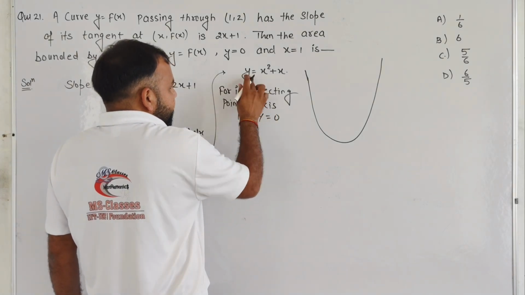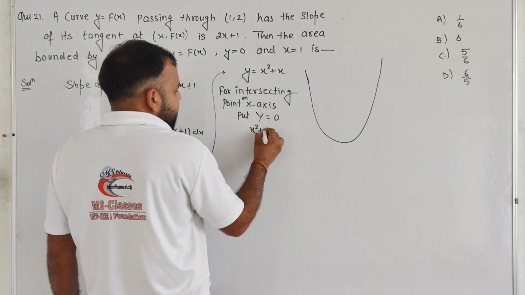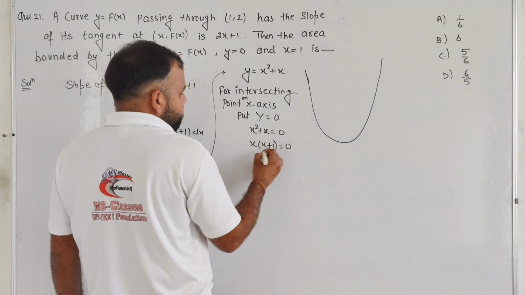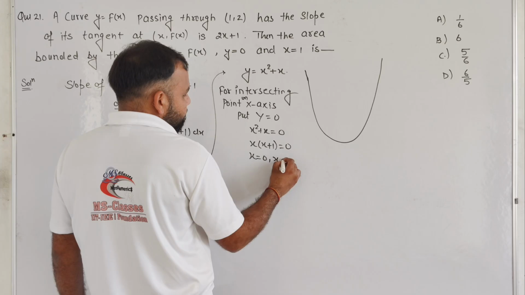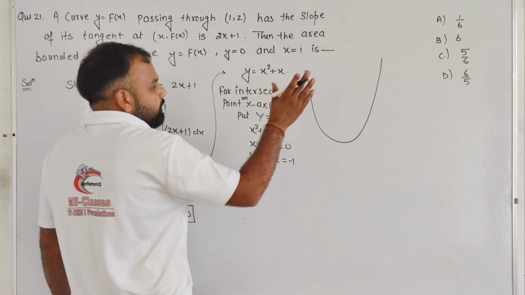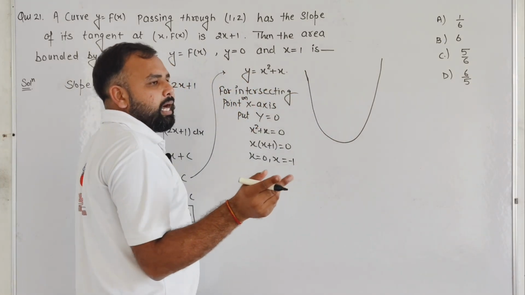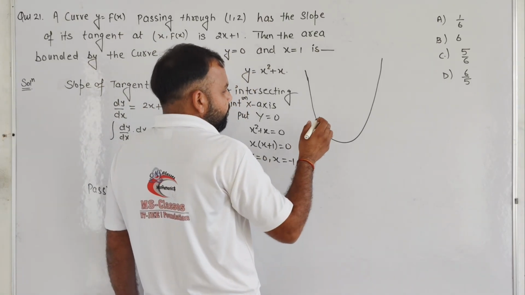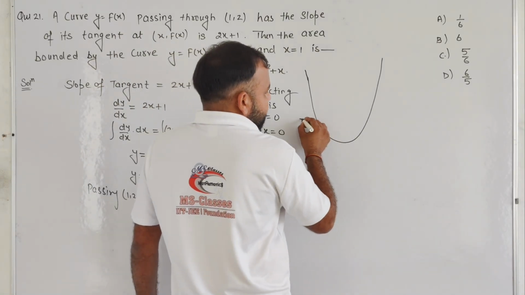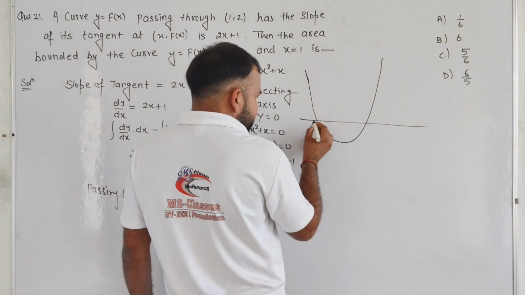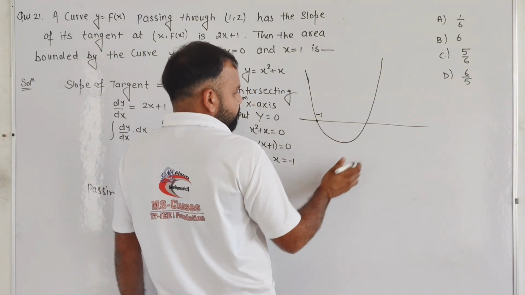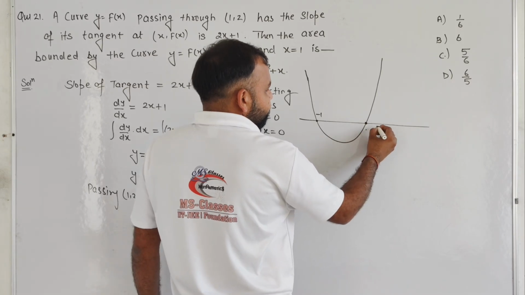So basically, if y is 0, so x square plus x, it will become 0. So x into x plus 1 is, it will become 0. X is 0 and x is minus 1. So student, this curve intersects the x-axis at 2 points, basically minus 1 and 0. So student, let us put down this one. And you know, there are 2 points, that is minus 1 and 0.